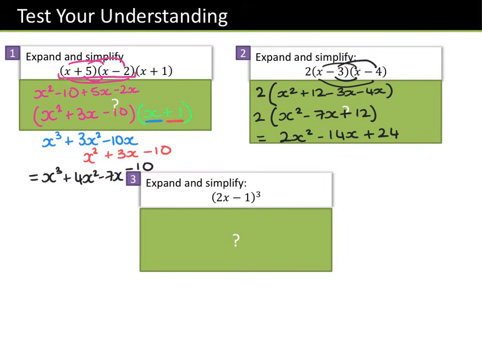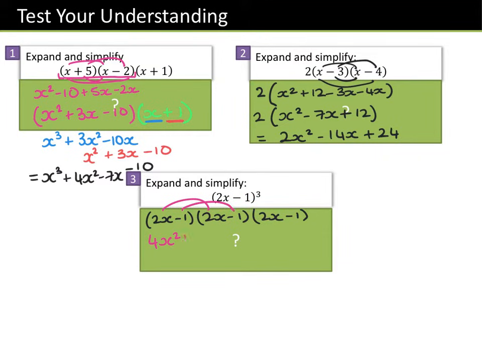Now for the last one, I have 2x minus 1 cubed. I'm going to rewrite that as 2x minus 1 multiplied by 2x minus 1 multiplied by 2x minus 1. Again, I'm going to do the same thing where I multiply the first two brackets. So I'm going to get 2x times 2x is 4x squared.